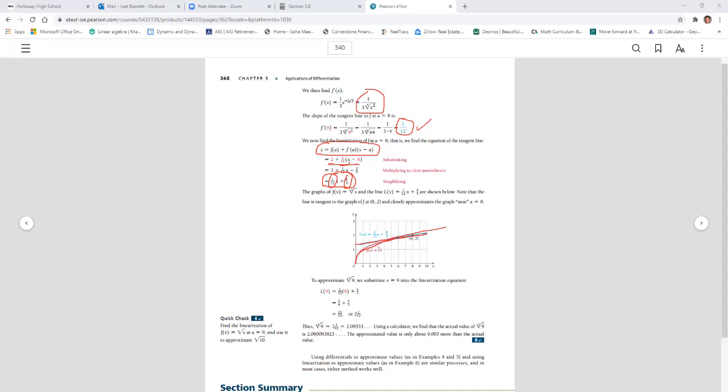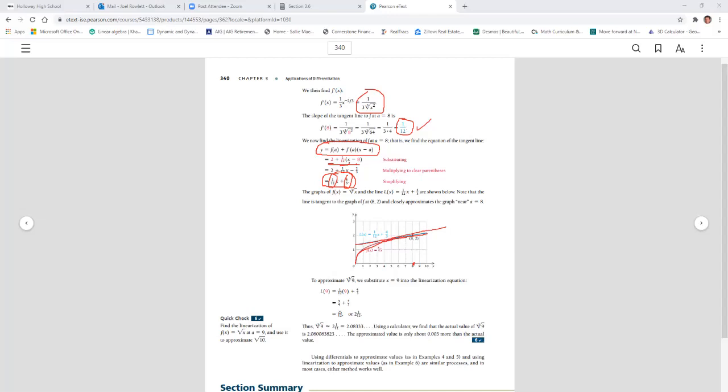But notice that as you get near 8, here's where x is equal to 8. The closer we get to 8, we can see that there's a slight difference between the line and the curve. Therefore, we can actually approximate L of 9.